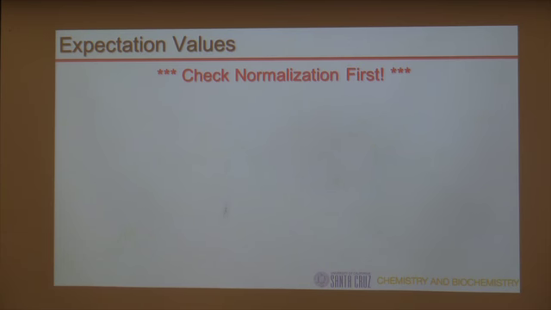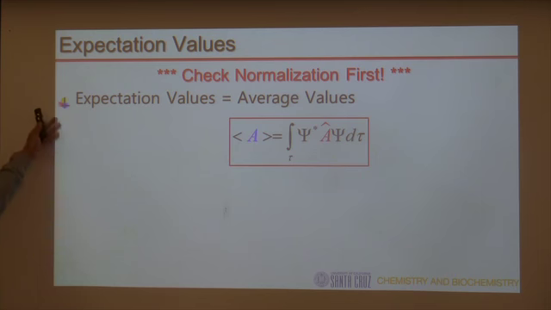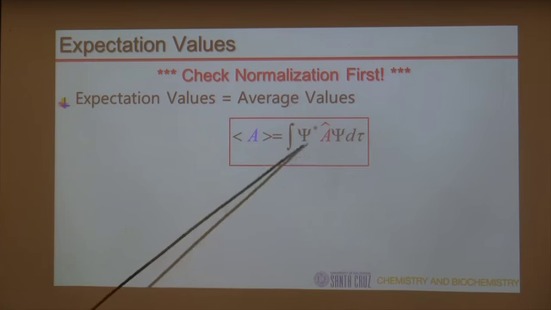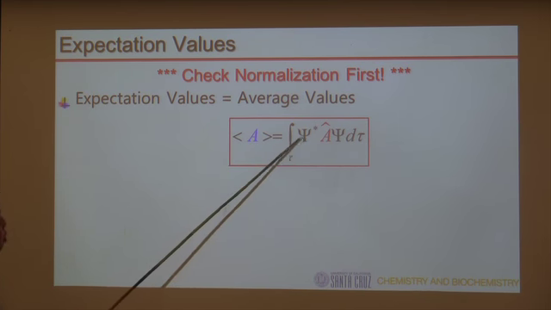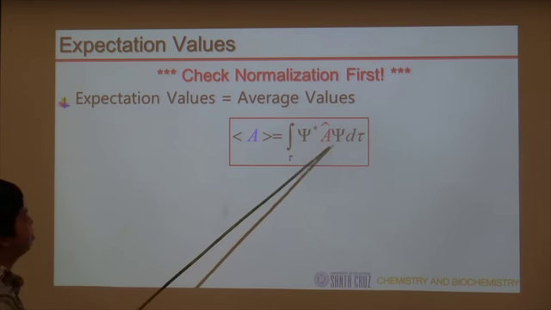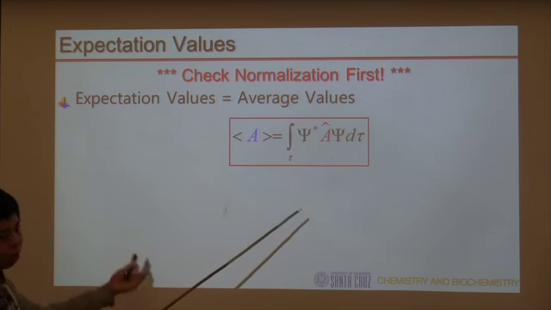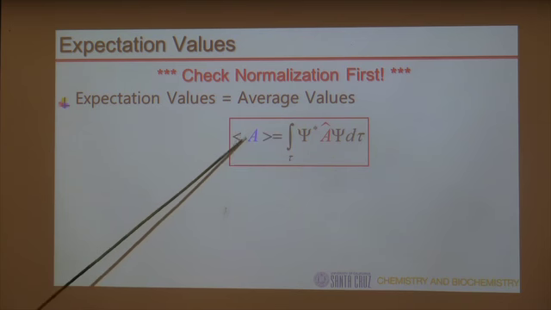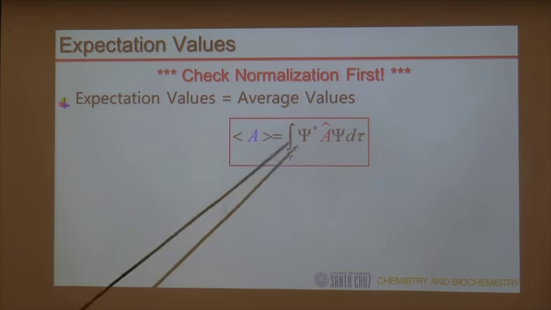Let's say you check the normalization, you get the normalization coefficient, and you successfully normalize the function. Then you can proceed. The expectation value or average value is expressed like this. You have the same wave function, its complex conjugate and itself, but the only difference compared to normalization is that you insert the operator corresponding to this observable in between them.